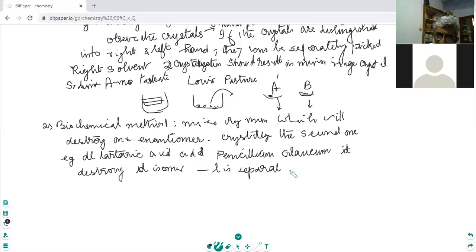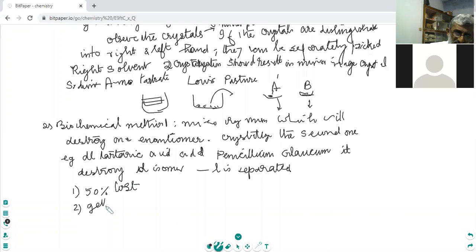And you understand one thing, there is a great disadvantage for this method. You are sacrificing 50% of the material. So that is one of the problems that you will face. Secondly, getting the right microbe is very, very difficult.